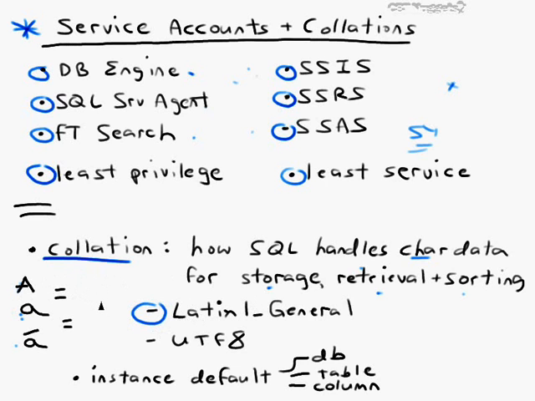You see what I mean? Now, when you set your default during installation, that's not carving anything in stone. You can always make changes to your collation at the database level, at the table level, or at the column level. We'll talk more about that later.